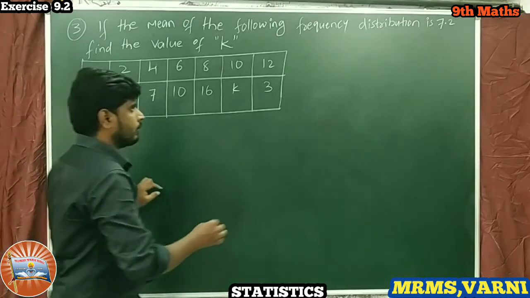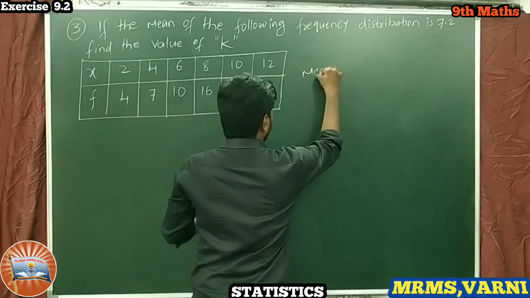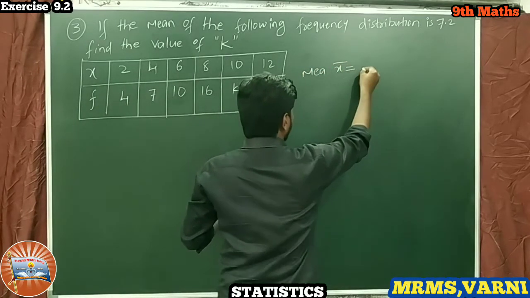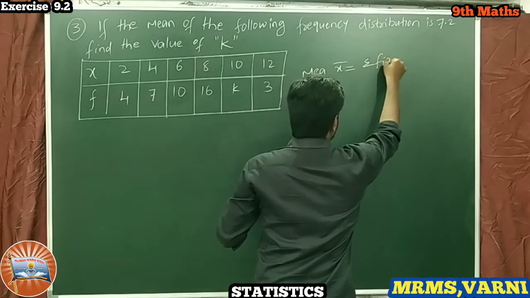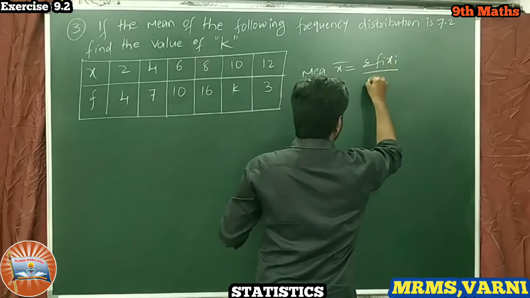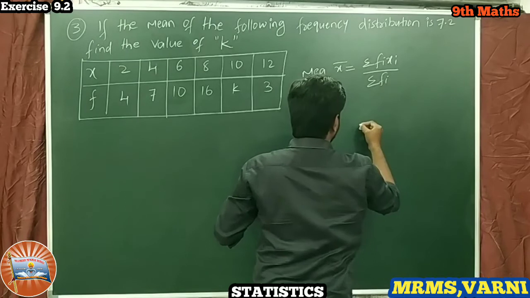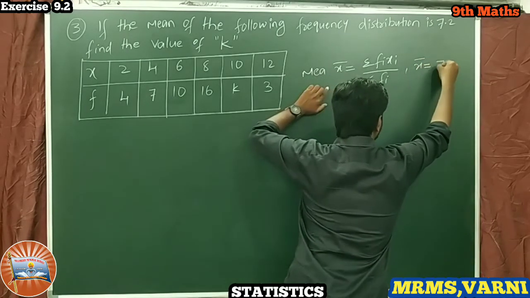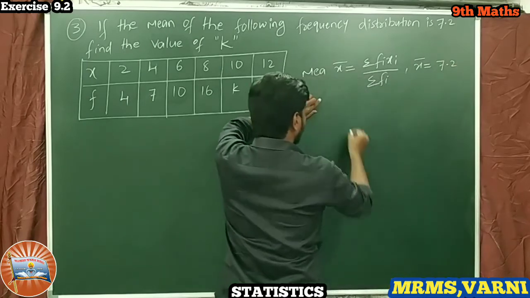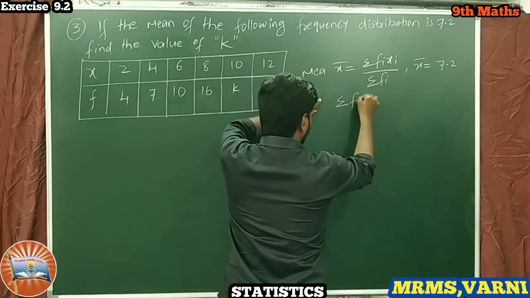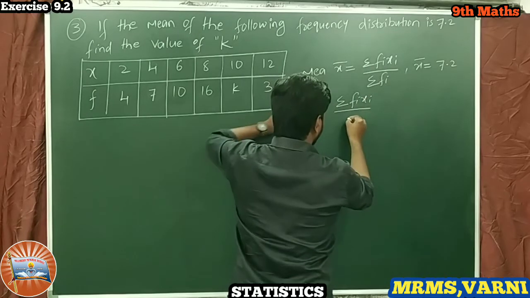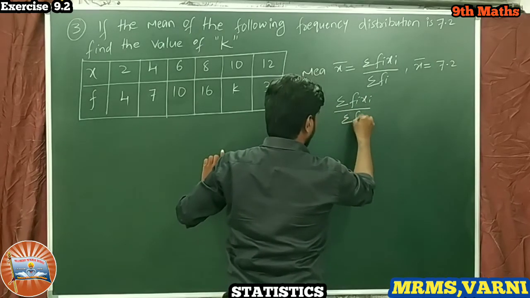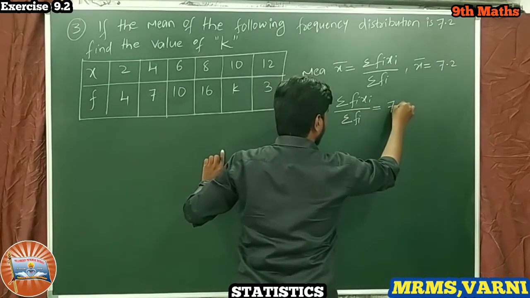So I am writing here, mean x bar is equal to sigma fi xi by sigma fi, that is already given. X bar is equal to 7.2, nothing but sigma fi xi by sigma fi is equal to 7.2.